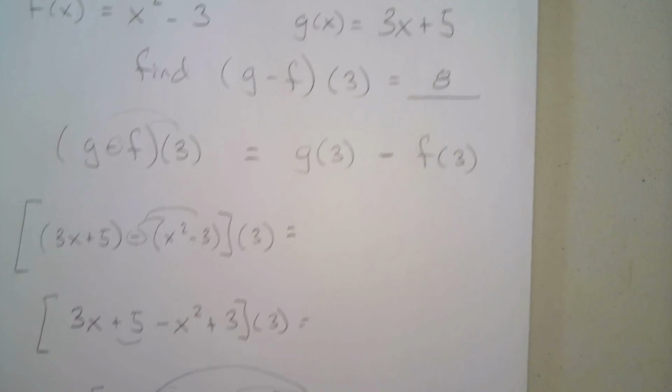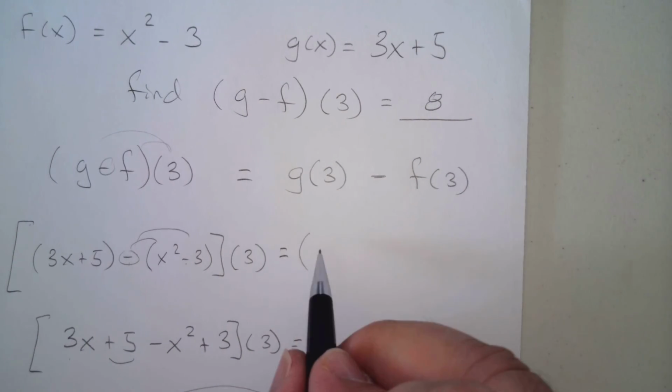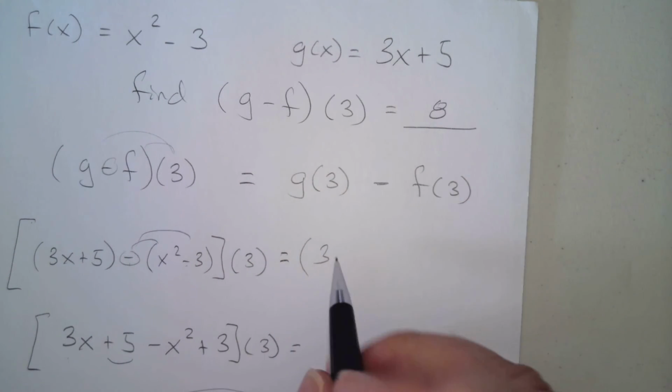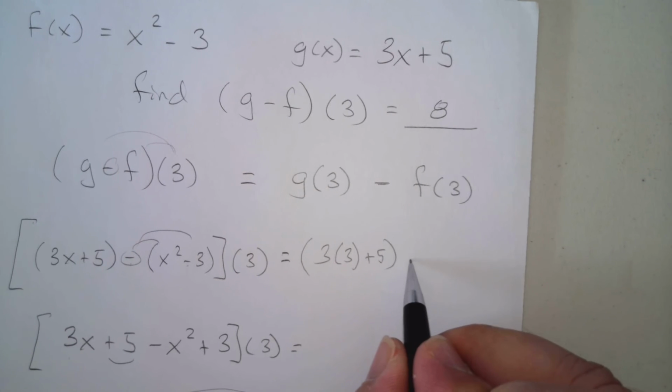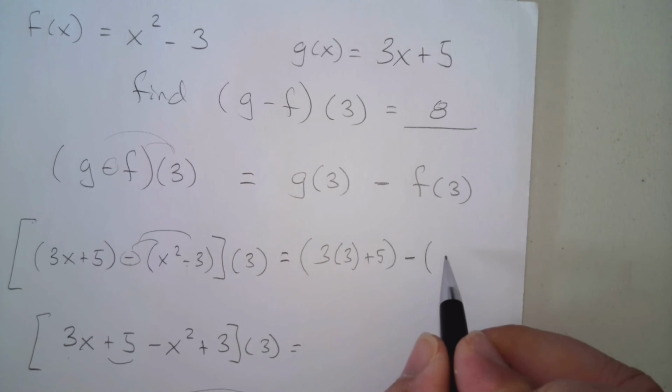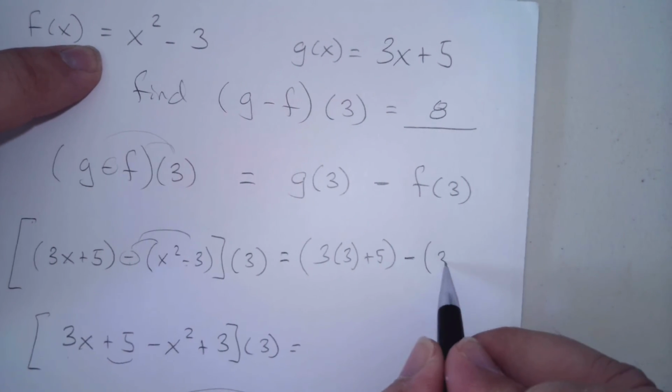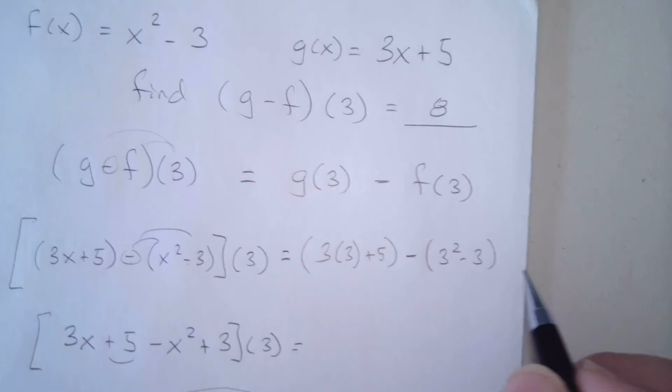Let's look at the other side. So 3 times 3 plus 5 minus this one, 3 squared minus 3.